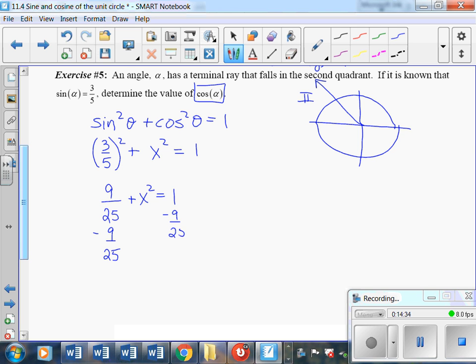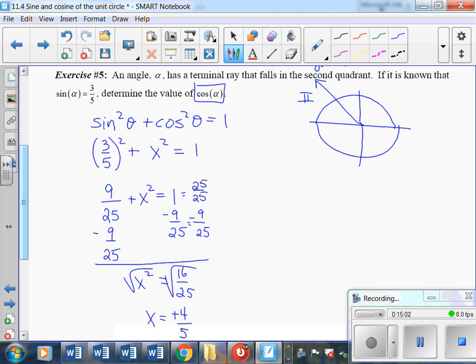Again, this can easily be done in your calculator, no flipping out. X squared is equal to, remember we need common denominators, 25/25 minus 9/25, which is equal to 16/25. Take the square root of both sides, and x is equal to, I was going to say positive and negative, 4 over 5.